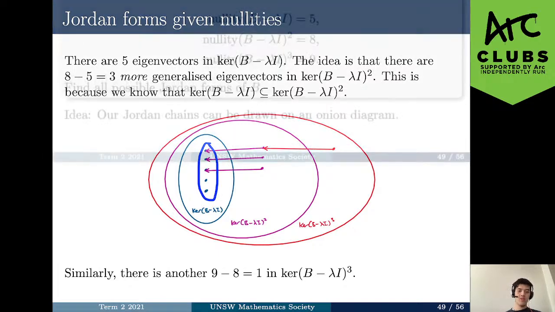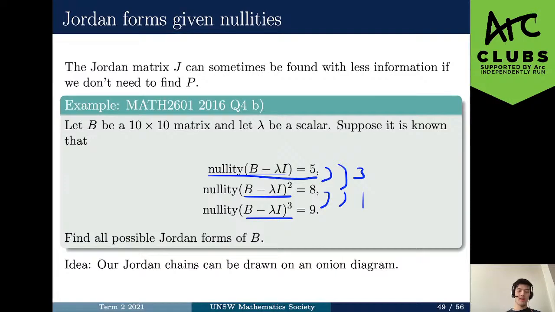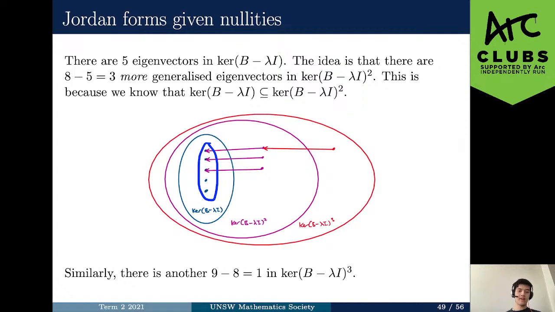And then we know that the nullity of B minus lambda I squared is 8. Obviously the 5 eigenvectors also exist inside here, so we've already got 5. That means there are 3 other linearly independent generalized eigenvectors that are inside the kernel of B minus lambda I squared, but are not inside the kernel of B minus lambda I. So 5 plus 3 adds up to 8.